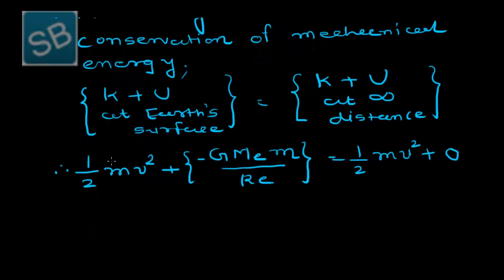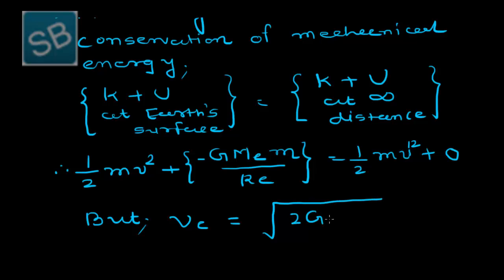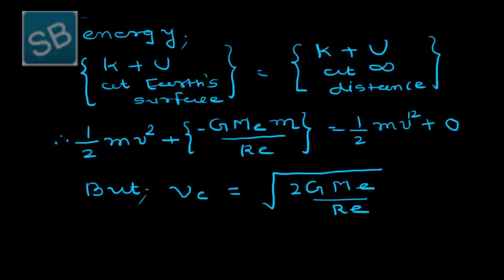And so I can consider that here the velocity will be after escape from the Earth's gravitational field, so it is V dash. But we know one thing, VE is equal to under root of twice GME over RE. So what happens if I square on both the sides?